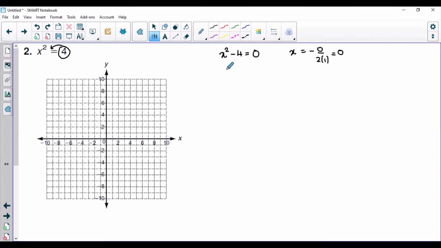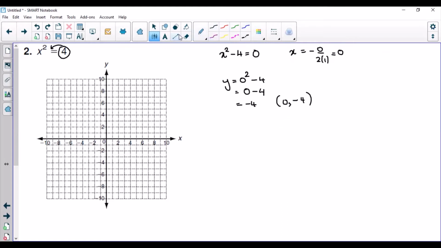Simple as that. Now let's find the value of y. We found the value of x is 0. So y is going to be equal to x squared minus 4, that is 0 squared minus 4. This would give you 0 minus 4, which is negative 4. So the vertex we have is 0, negative 4.